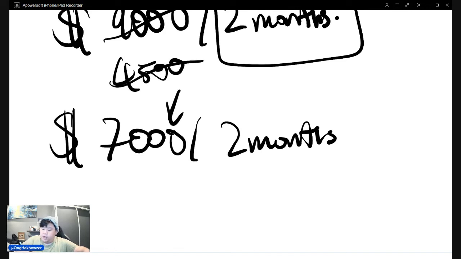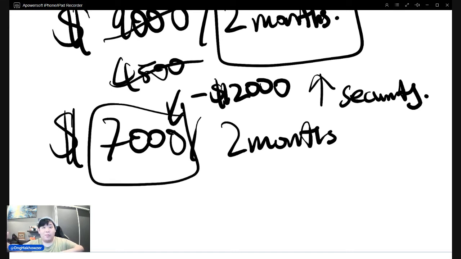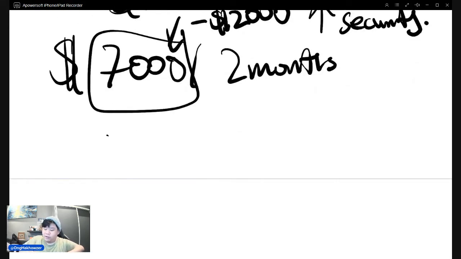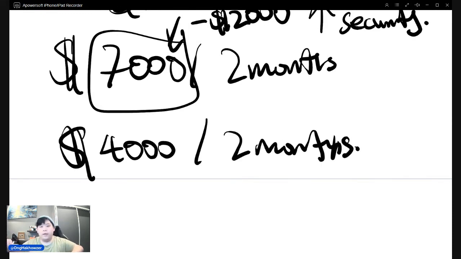The loss of $2,000 increases my security for all my options trades. Recently, with this volatile market, even $7,000 per 2 months might not be that easy, so I'm bringing it down to about $4,000 per 2 months, or about $2,000 a month.